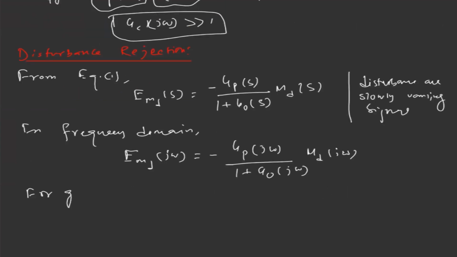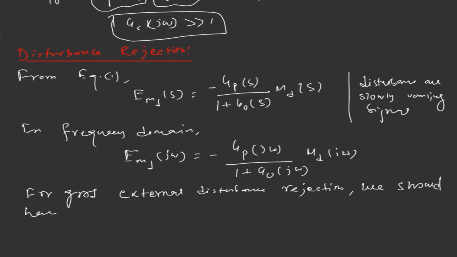For good external disturbance rejection, if you want to minimize the error due to the disturbance, this part should be a very, very low value.